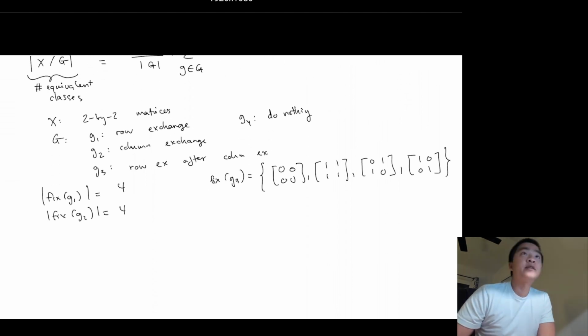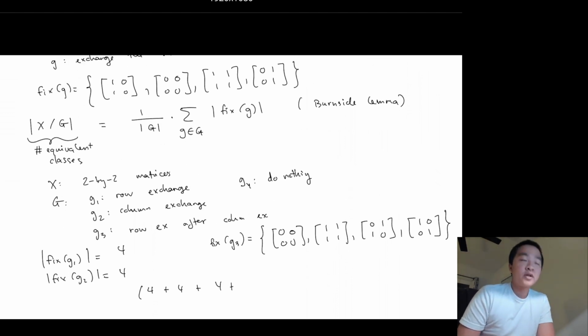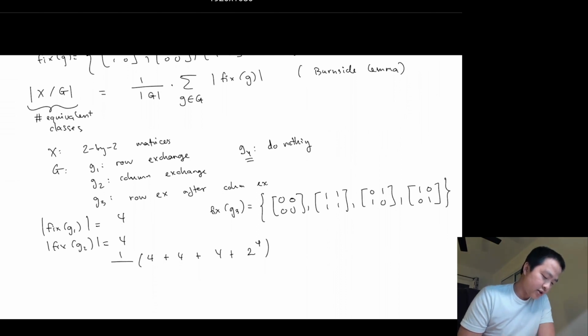Okay, so I think this is it. So let's check. 4 plus 4 plus 4. G4, obviously, fixes everything, so that would be 2 to the 4th. Now, how many permutations are there? You have 2 for rows exchange, 2 for columns exchange.